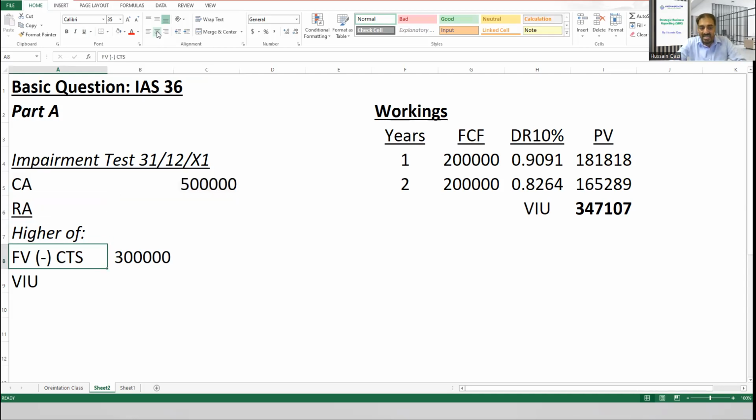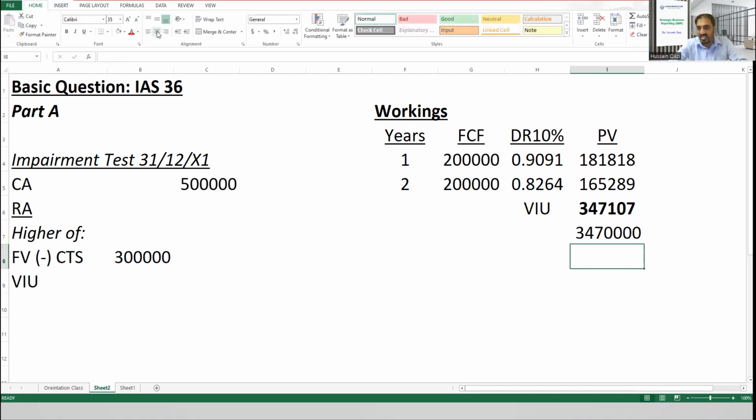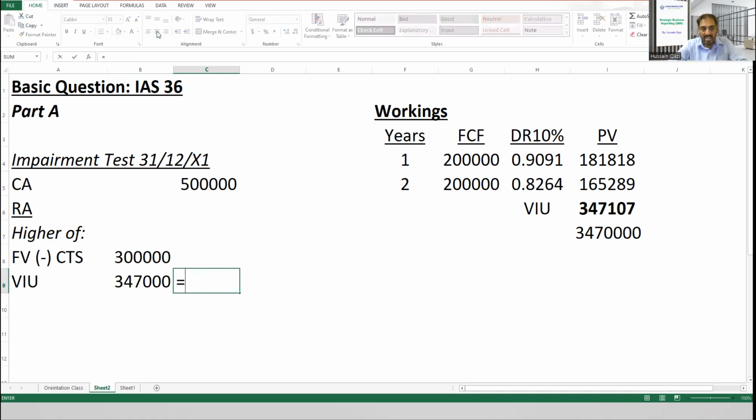The maximum benefit means benefit either in terms of sale, that is 300,000, or benefit in terms of usage. For example, the usage is 347,000. So 347,000 is the value in use. So take the higher value, 347,000.